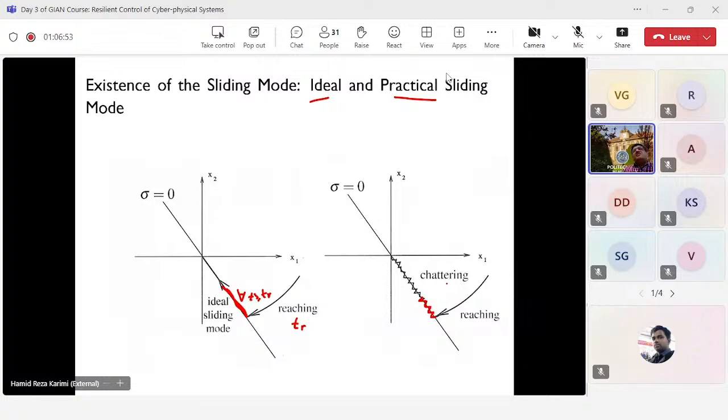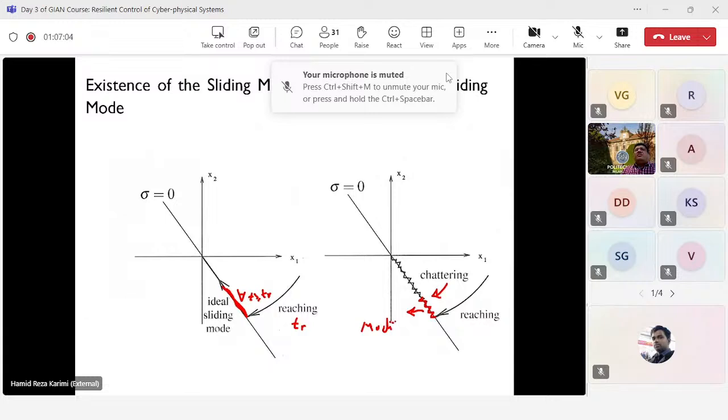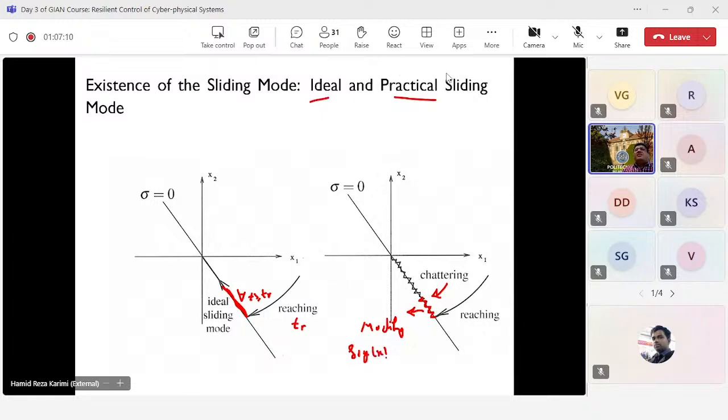This is a chattering, and if you want to reduce the chattering, you can modify the control signal, for example, the sign function. Sign of x, you can change it to x over norm of x plus epsilon.